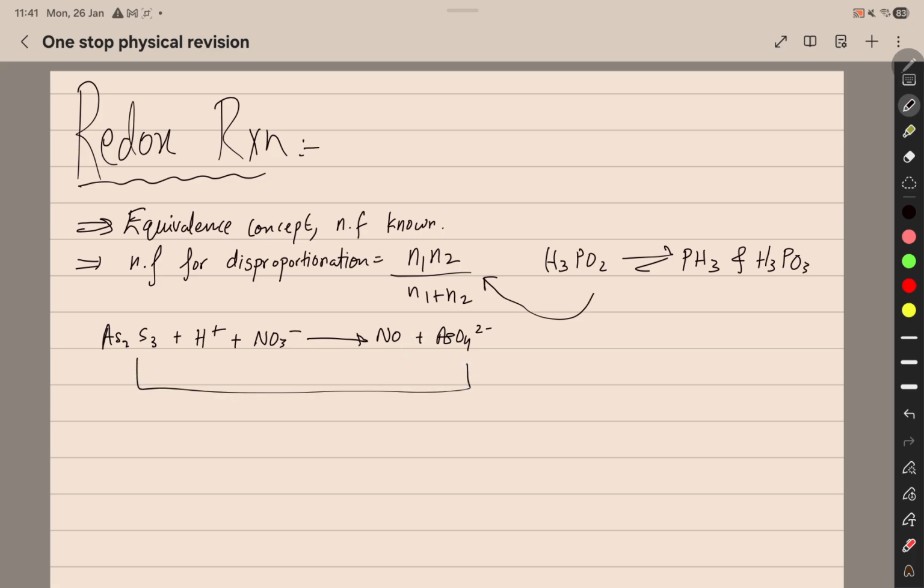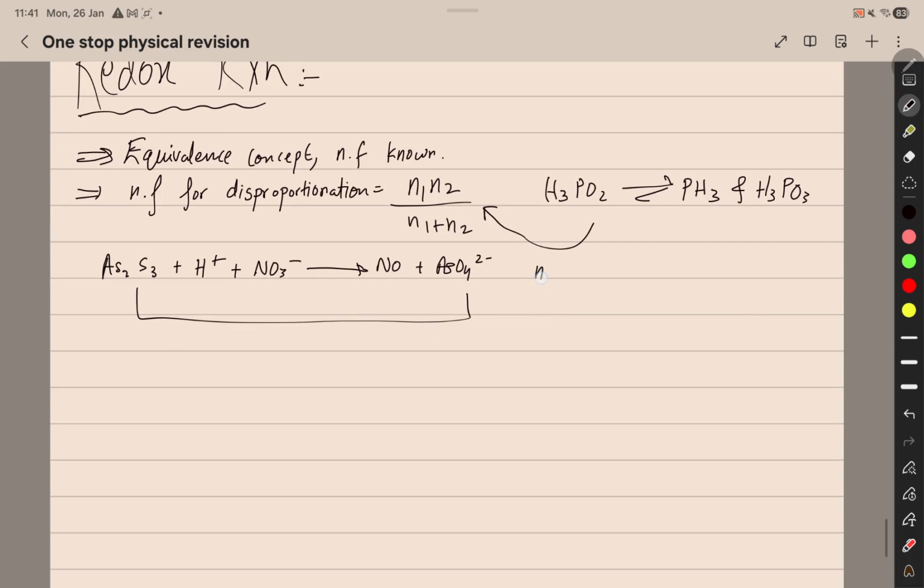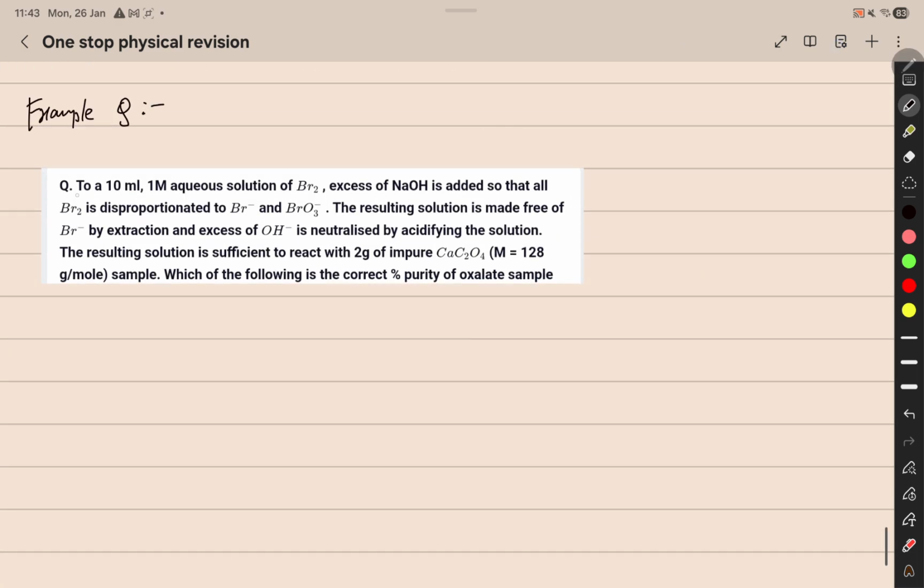I think this change has an n-factor of 28. You have to just remember it, n-factor is equal to 28. Obviously you can balance it, I'm not saying that you can't or you can't check, but it'll be easy if you directly know that this is 28. It's convenient.